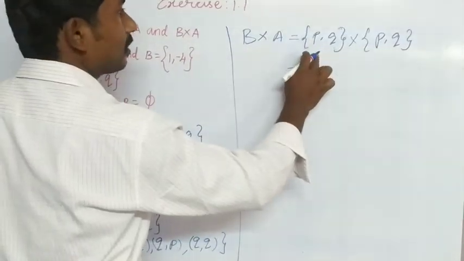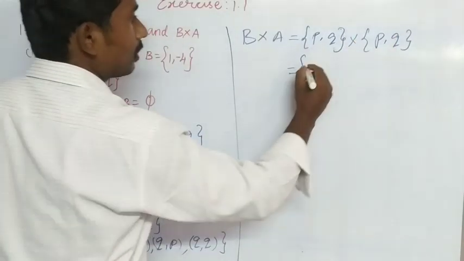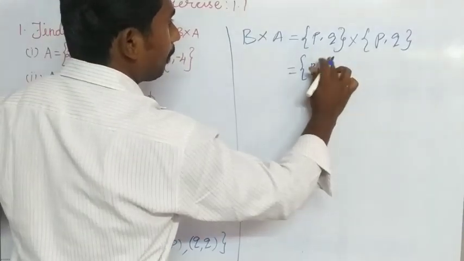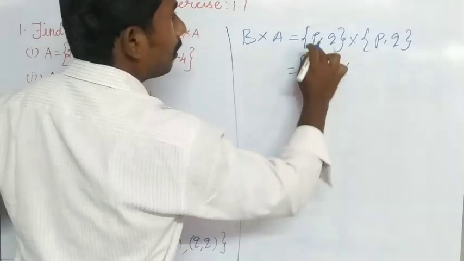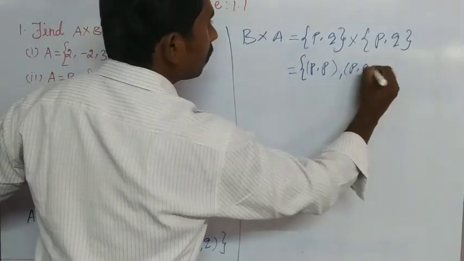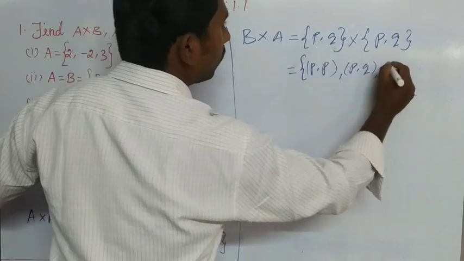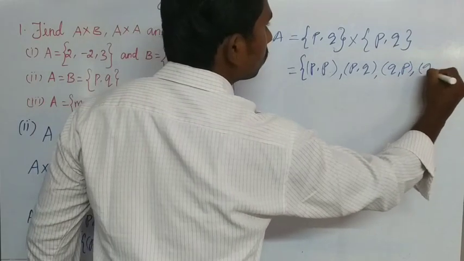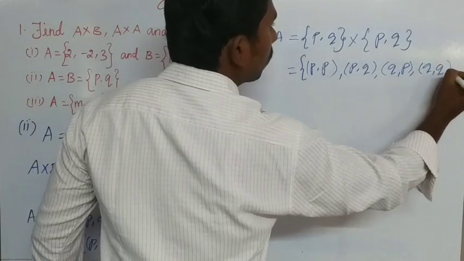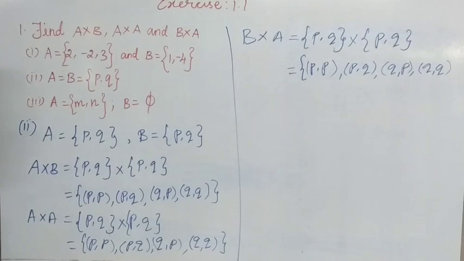First element in the first set with all the elements in the second set. So (P, P), (P, Q), (Q, P), (Q, Q). So it is the answer for the B cross A. That means the Cartesian product of B cross A.